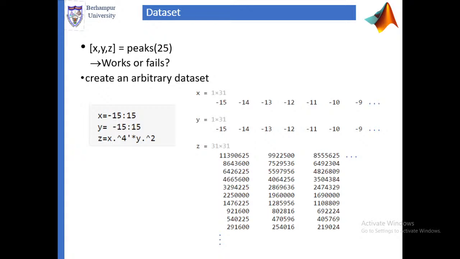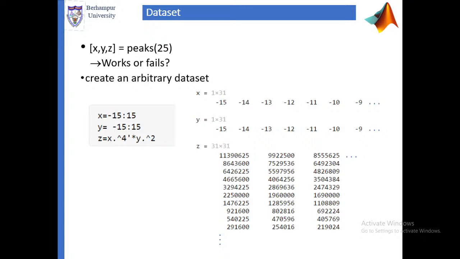You can multiply a column vector with a row vector if the dimensions match. As you know, in matrix multiplication, if you have matrix A of size m by n and B, then B should be n by k. So the columns of A should equal the rows of B. If they are equal, then only you can multiply. Therefore we are using this transpose.